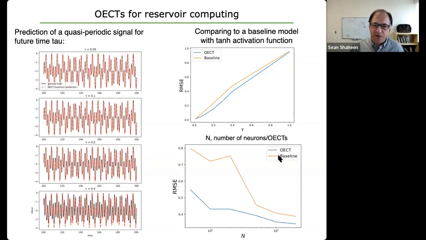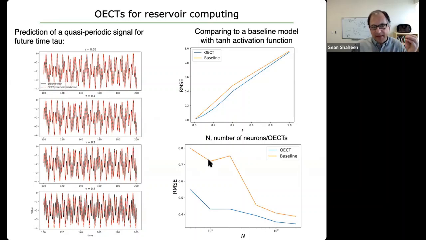But the point is you can do it with a smaller number of neurons. This is a small slice of the larger study that I showed before. In the OECT case, you can use maybe as few as 10 neurons, and that would give you an RMS error of about 0.5, which is way better than the baseline case.